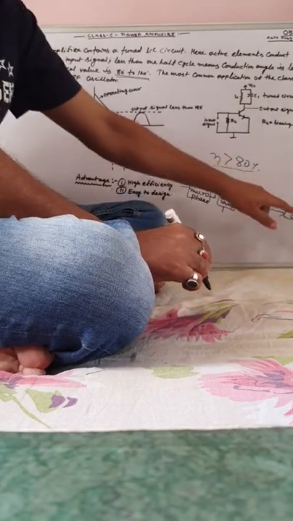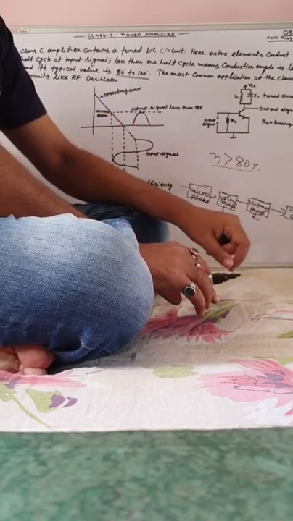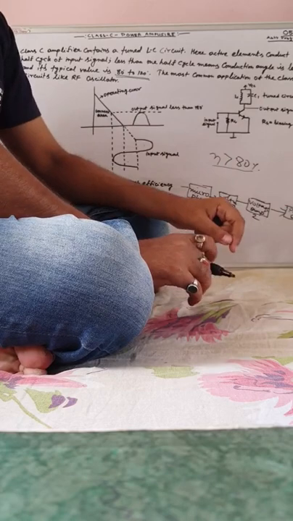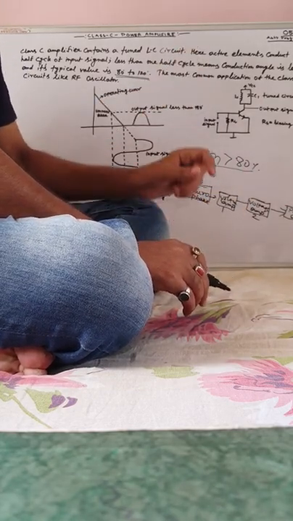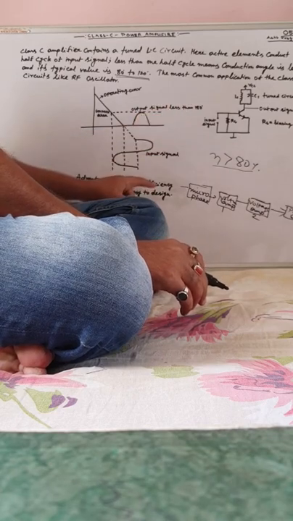So basically in industrial applications, we use class C power amplifier because it gives large signal amplification with very high efficiency.